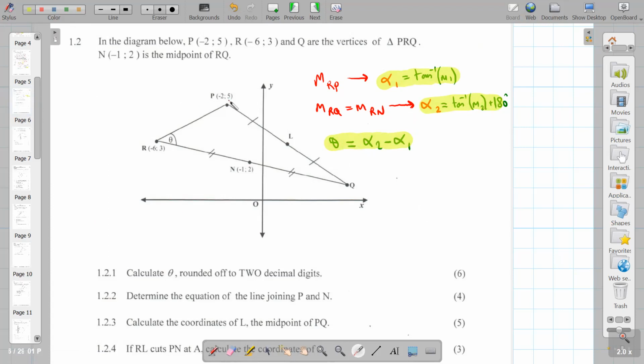Now, where is the angle of inclination of RP, for example? If they ask such a question, don't worry about it. You can just extend the y-axis and see our RP. If you extend the line, it will be somewhere there. We don't really need that, but that's my angle of inclination. So that's alpha 1 for RP.